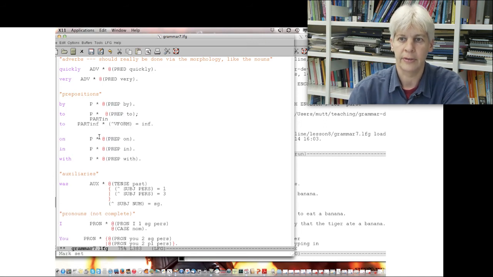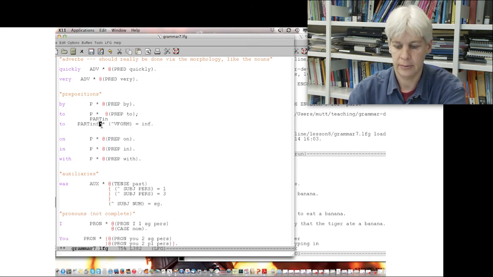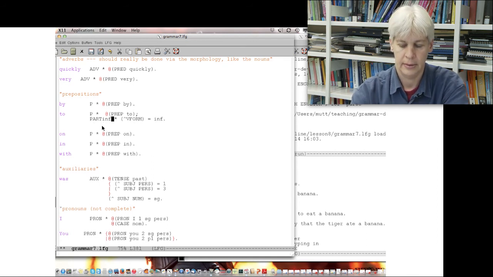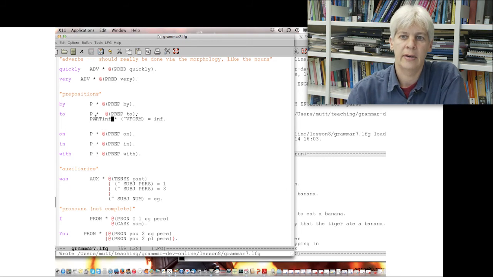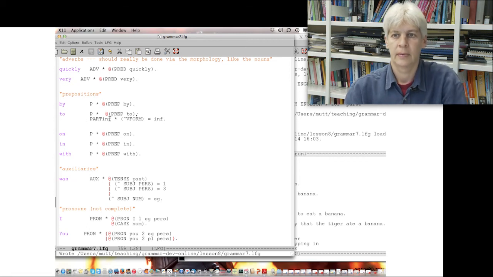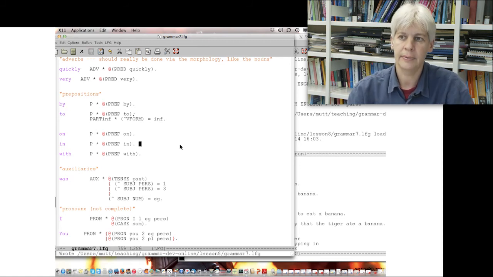Okay, so I want to have all that information, part_inf. Okay, so now I have "to", and it has two possibilities. It's either a preposition or it's an infinitive particle. Okay, so that should take care of that error.